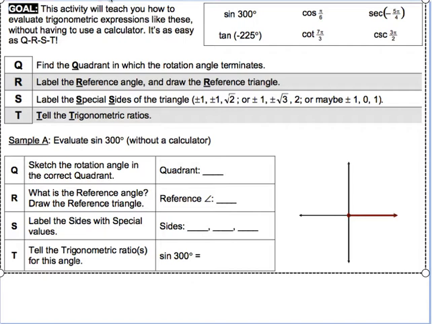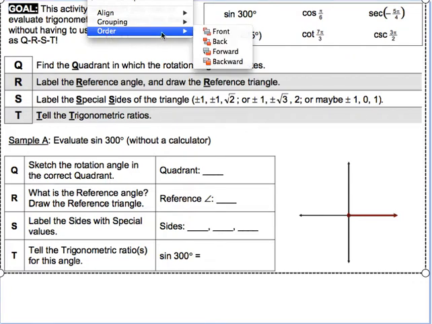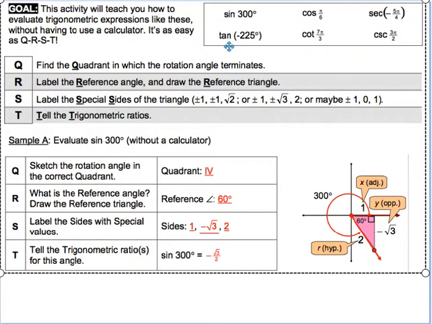Well, with our special right triangles, we can find information even if we don't have other things. Like in this case, the only thing we know is sine of 300. We can put that in the calculator and get an answer, and then we are supposed to find out what the ratio is.